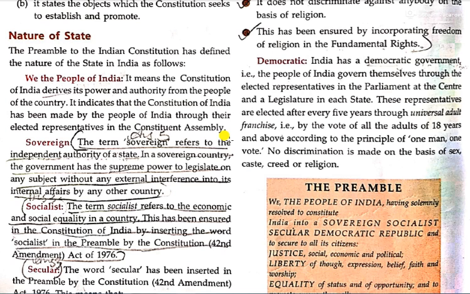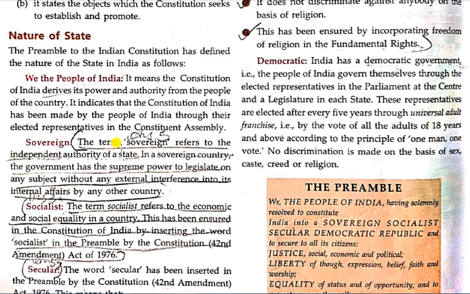So when these elected representatives formed the Constitution, when they formed the preamble, they represented the whole country. They stood as a representation of the whole country. So in other words, it is the people themselves who made this Constitution. The citizens of the country themselves made this Constitution because they elected representatives, and these representatives made the Constitution.